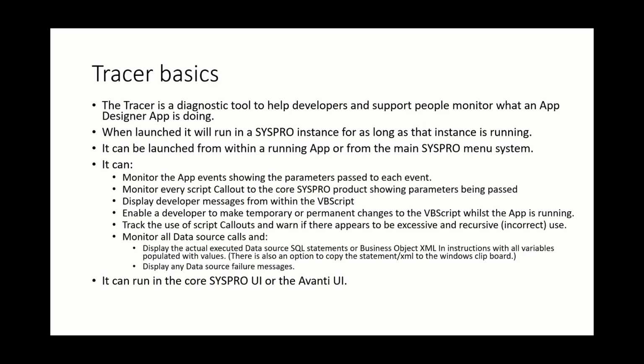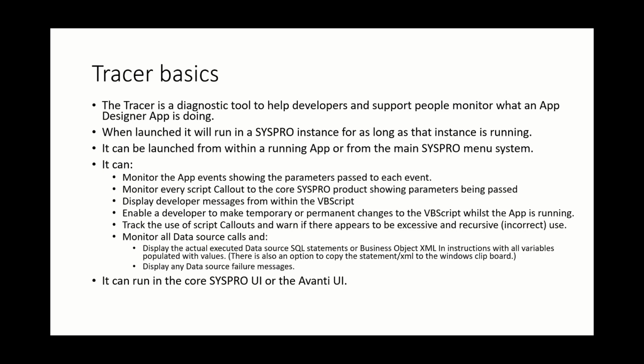But importantly, it can do some of the following things. It can monitor the events, showing the parameters passed to each event. You know, in our VB scripts, we've had on initialize and on user event and things like that. It monitors every single call out to the core Syspro product and will show the parameters passed to that call out.